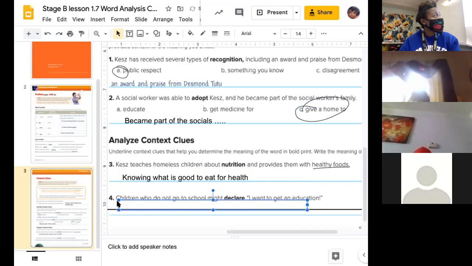All right, and then let's look at number 4. Children who do not go to school might declare, I want to get an education. We have to figure out the meaning of declare, and I want you guys to look at what is a context clue that'll help us determine the meaning of declare.